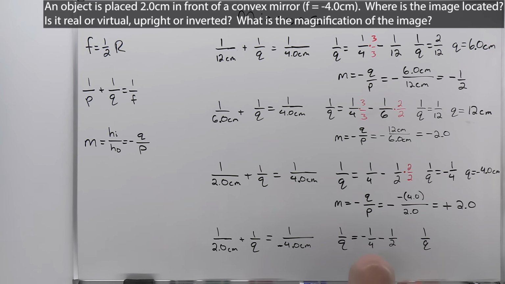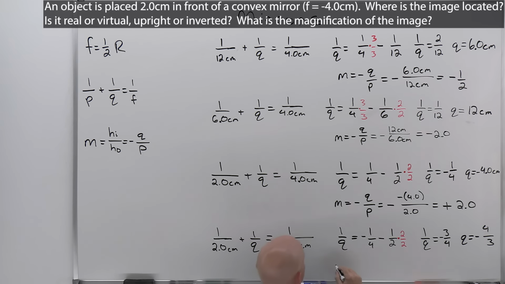And so 1 over q, you got to get your common denominator again, which is still going to be 4. Got to multiply this second term here by 2 over 2. And so you're going to have negative 1/4 minus 2/4, which is going to get you negative 3/4, which means that q is going to equal negative 4 over 3.